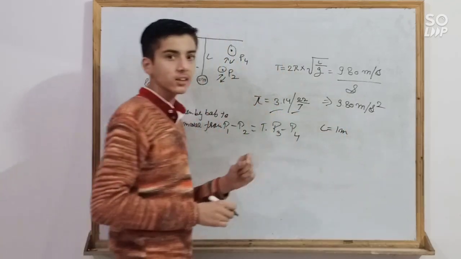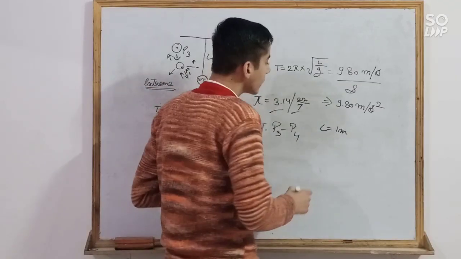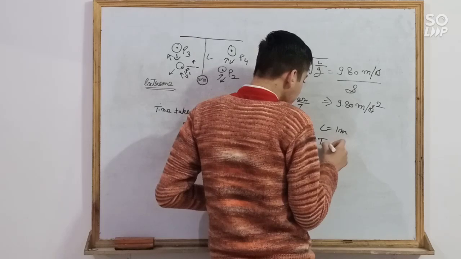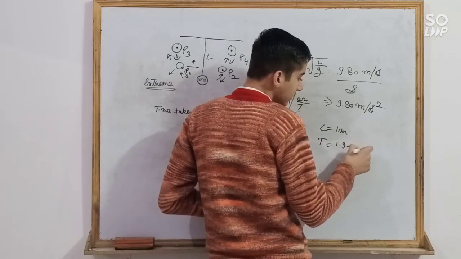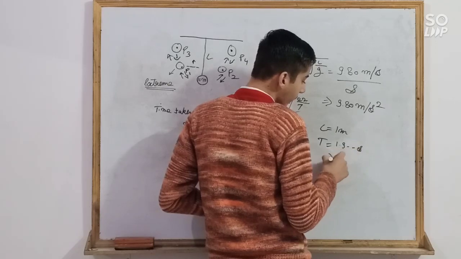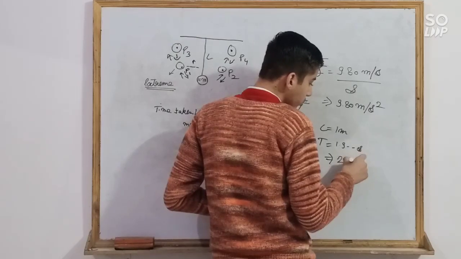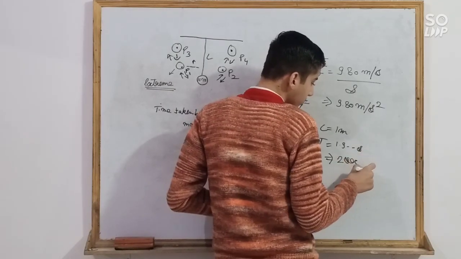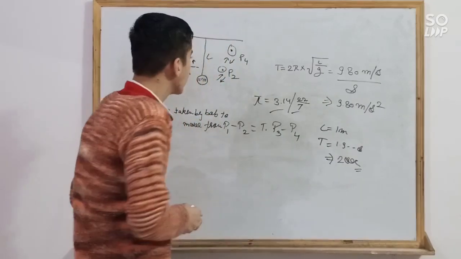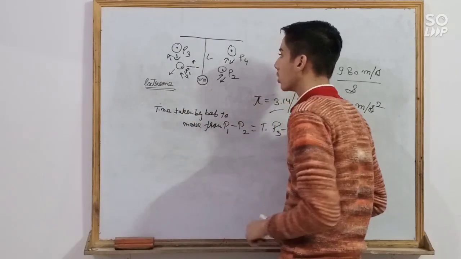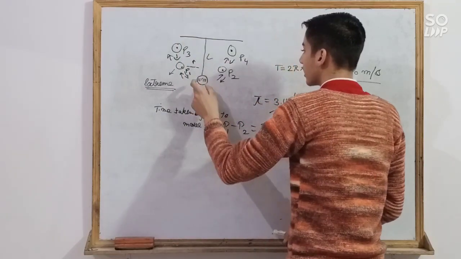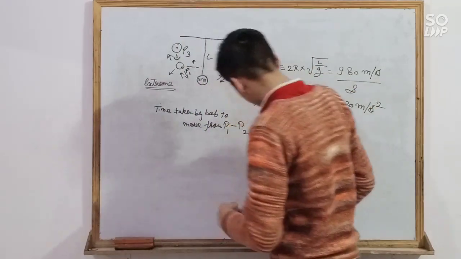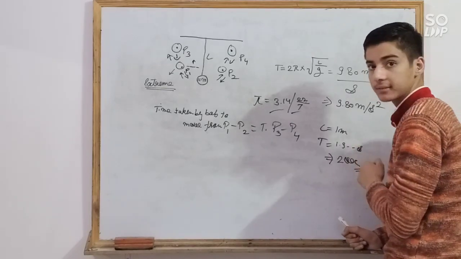And when we take the value of L as 1 meter, then we get the time period of the pendulum as 1.9 something seconds, or in short we can write it as 2 seconds. This means that if there is a pendulum in which the length of the string is 1 meter, then the time period of the pendulum will be approximately 2 seconds.